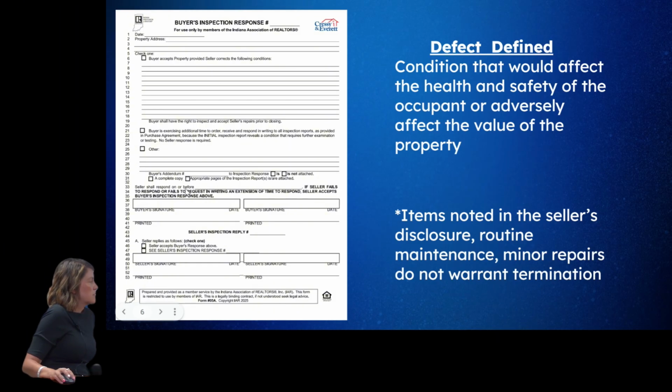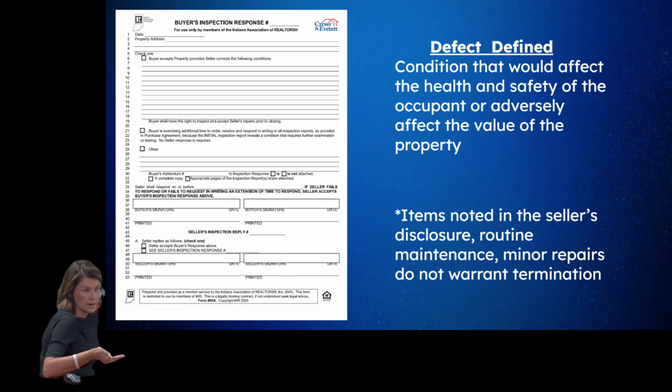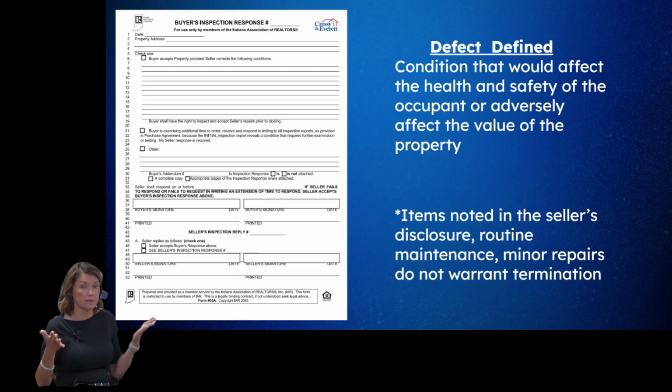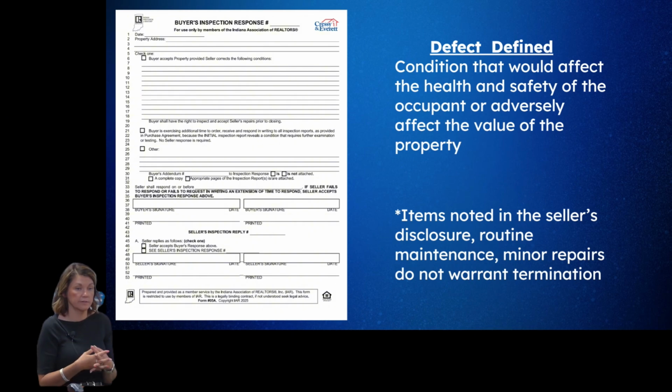The seller shall respond on or before a date. Every state and every case is going to be different. If I am sending a pretty lengthy list, I'm going to give the seller a good amount of time to respond, typically at least a week of business days, to get contractors out and give estimates.